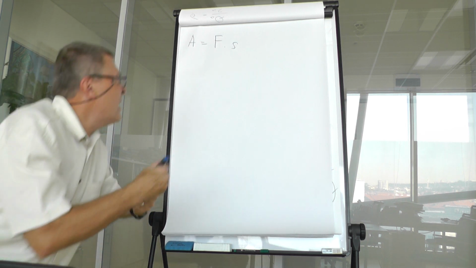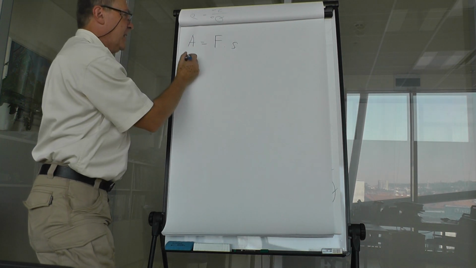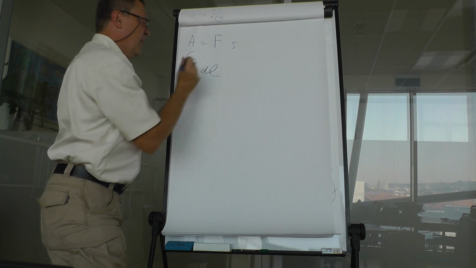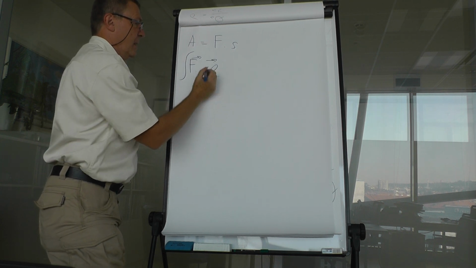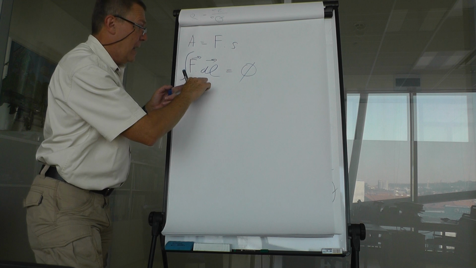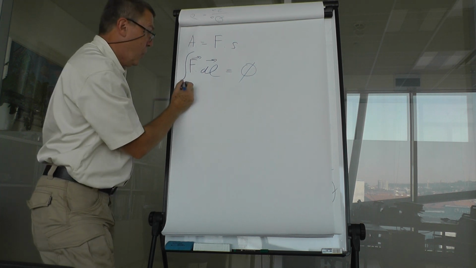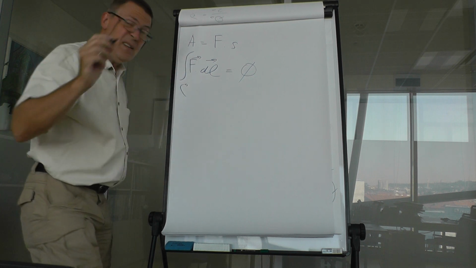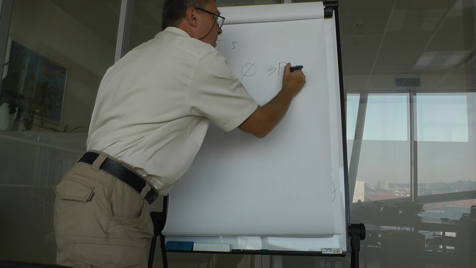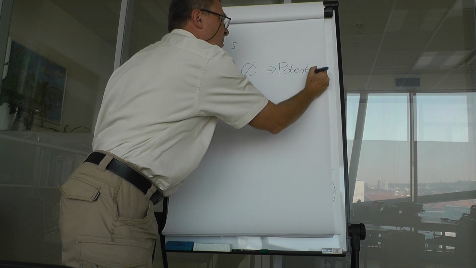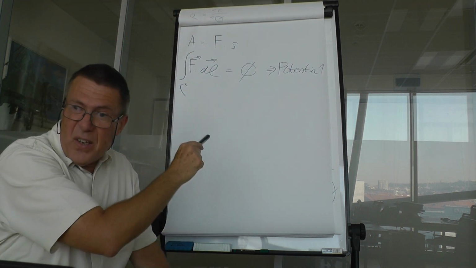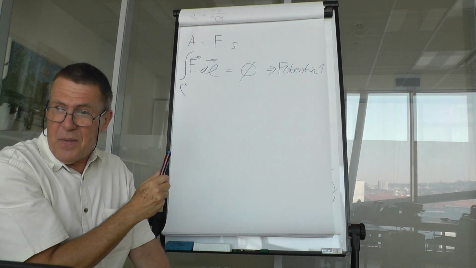So if we have a field where the integral over F dl is 0, regardless of the path over which we do the integration, then we can introduce something which is called potential. Once this integral would not be 0, we cannot introduce a potential.